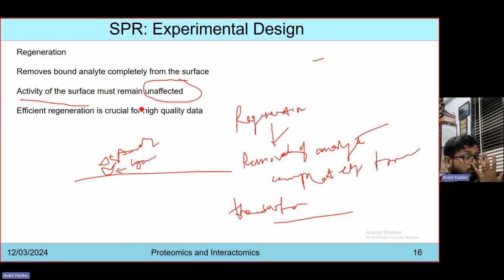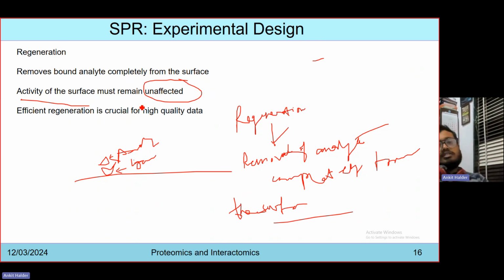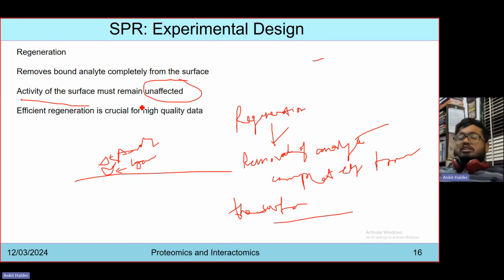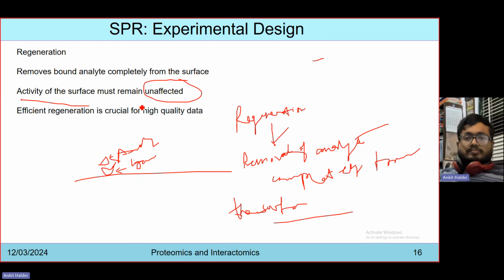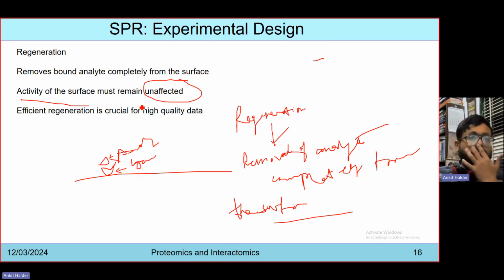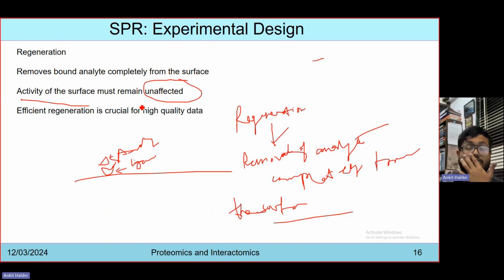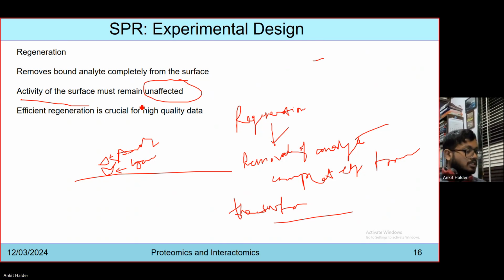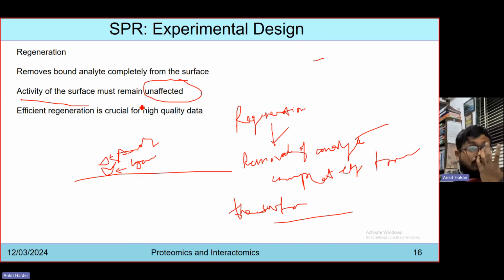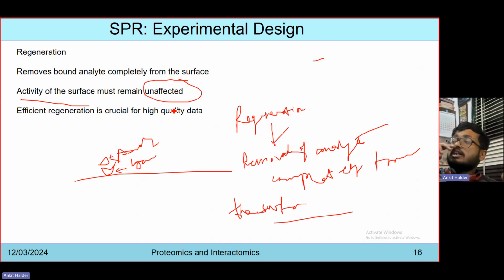This is crucial for high quality data because the binding and the affinity that we try to find out depend a lot on this. So this is very important. This removes the bound analyte completely from the surface, the activity of the surface must remain unaffected, and efficient regeneration is crucial for this high quality data.